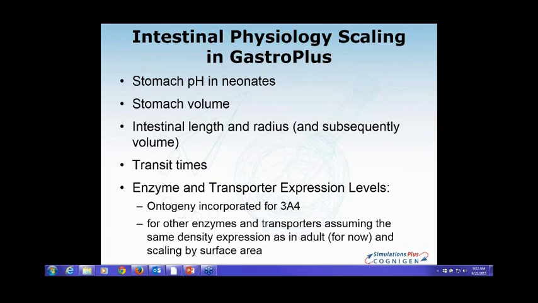But you can create your user-defined ACAT physiologies for specific ages and enter the exact expression level for that given age. So again, you cannot just enter an equation, but you can create physiologies for given age where that ontogeny would be accounted for.